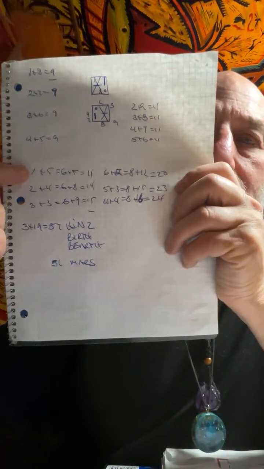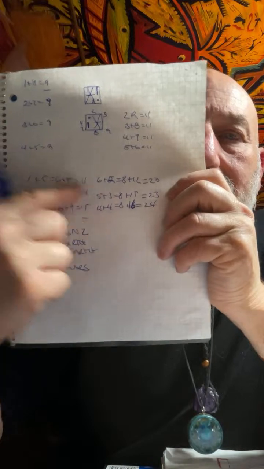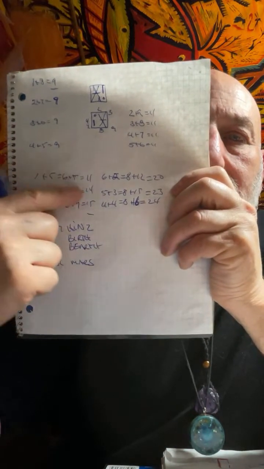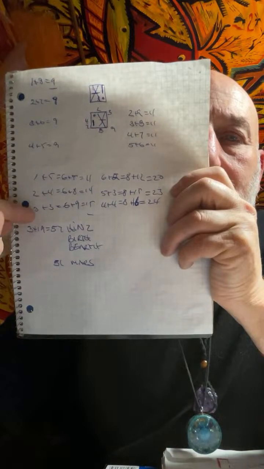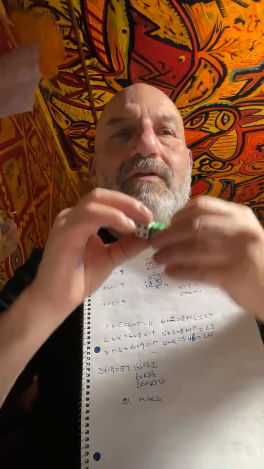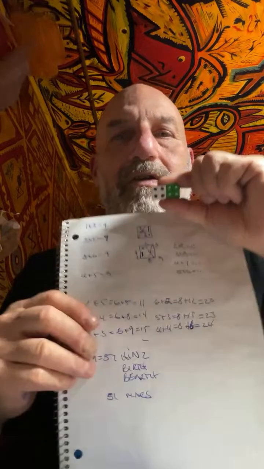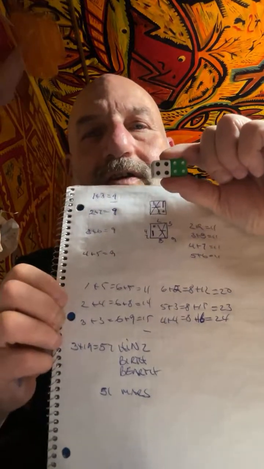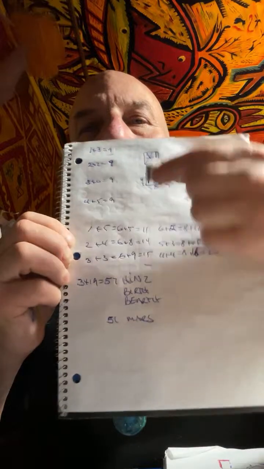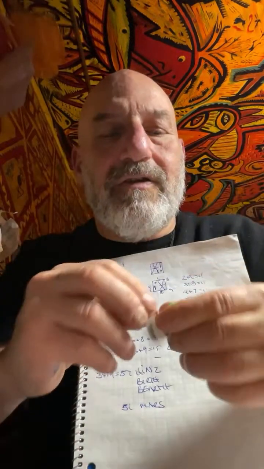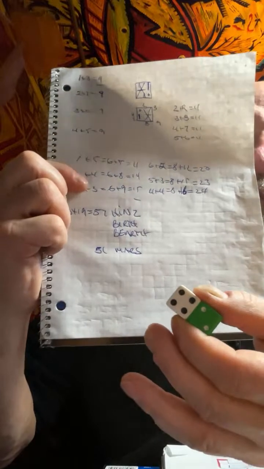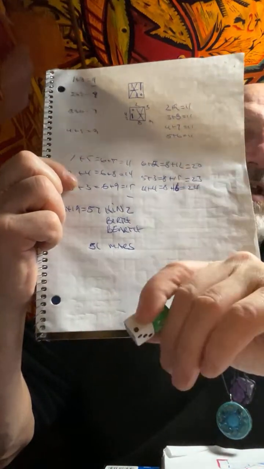over here, 1 and 5, 6, 6 and 2, 8, 2 and 4, 6, 5 and 3, 8, 3 and 3, 6, 4 and 4, 8. But wait a second. 4 and 4, 8. 3 and 3, 6. 2 and 4, 6. 5 and 3, 8.